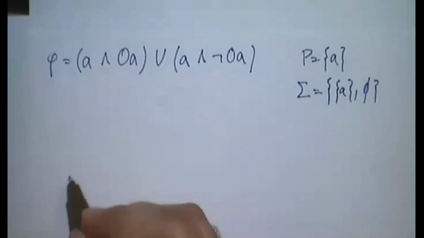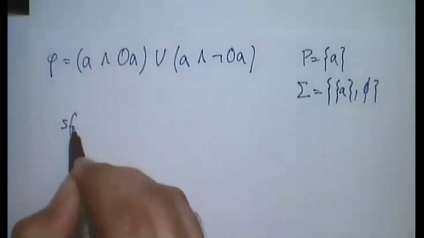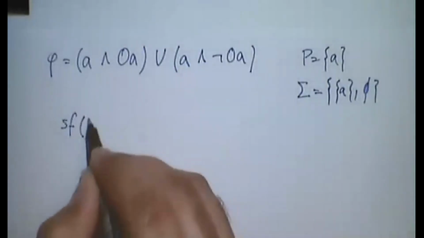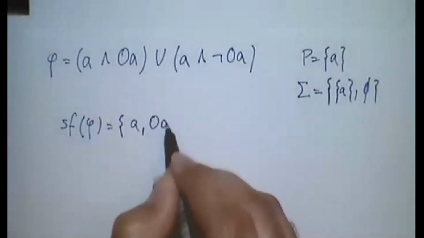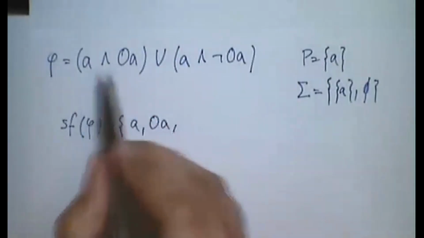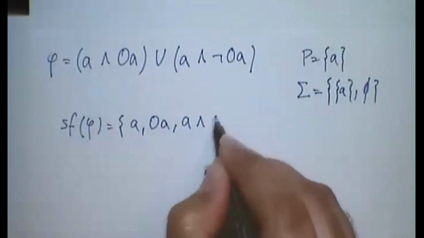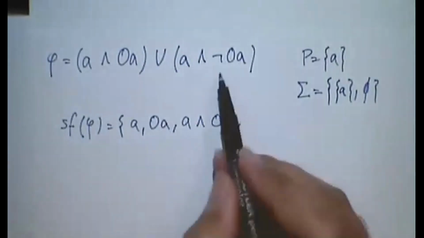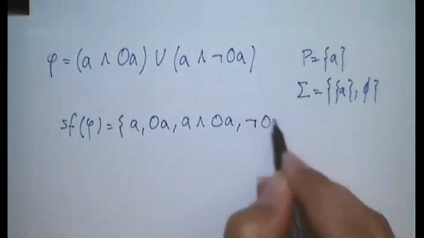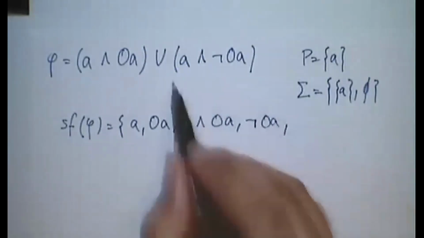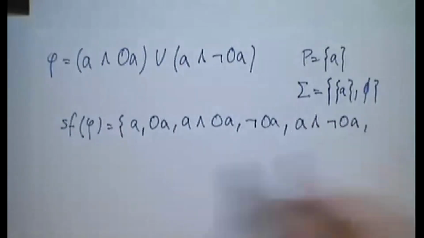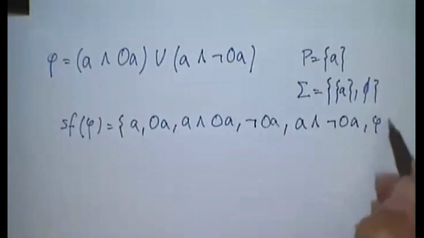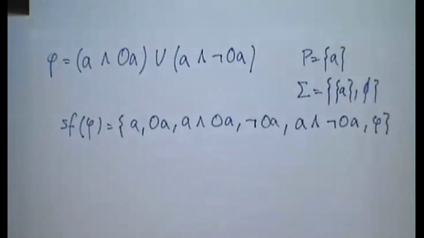Okay. So again, subformulas and closures. What subformulas do we have? We have A, we have next A, we have A and next A, we have not next A, we have A and not next A, and we have the whole formula phi. These are our subformulas.